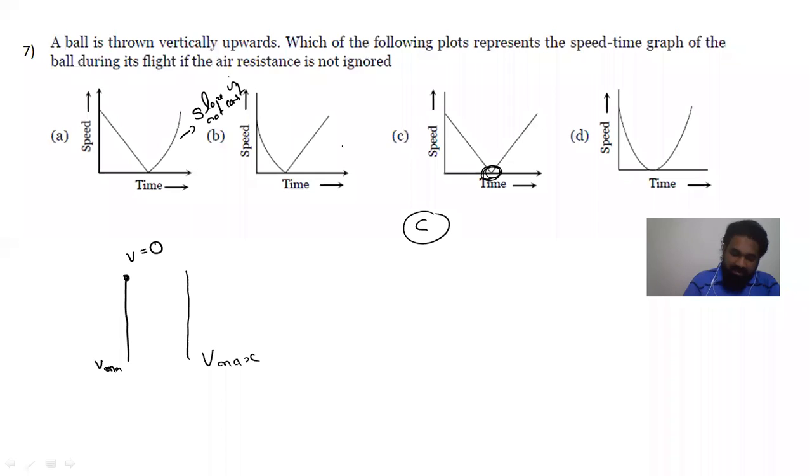In all these cases, here also the slope is not constant, and in this case also the slope is not constant. So in both the upward and downward journey, the constant acceleration or constant slope is possible only in option C. That is why we are choosing that. Is that clear? Then symmetry is followed there. One more question we will do.